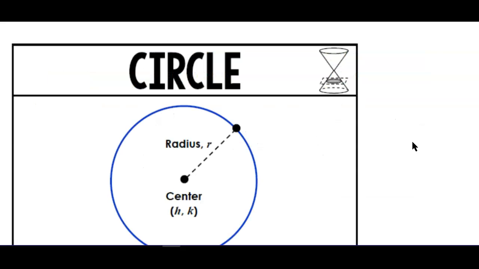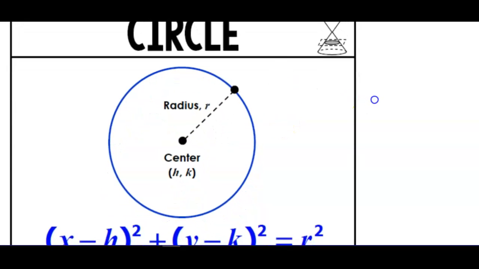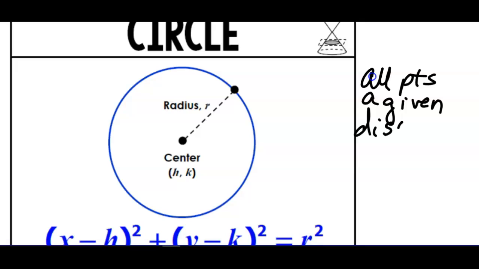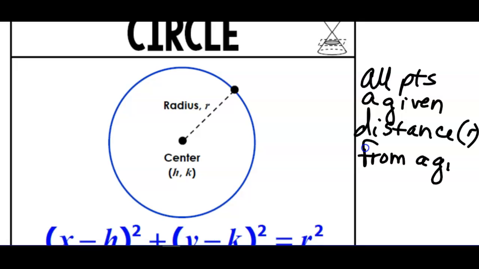So the locus of points for a circle is all points a given distance, which would be the radius, from a given point, which would be the center, in a plane.